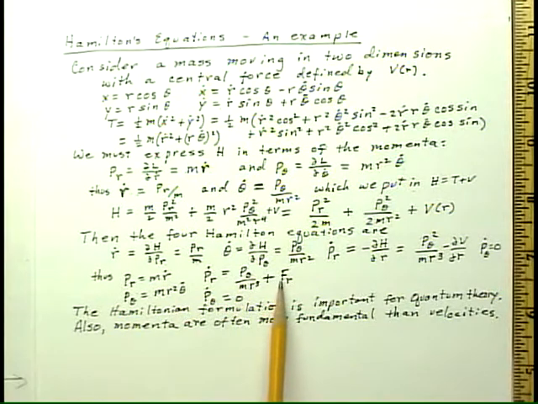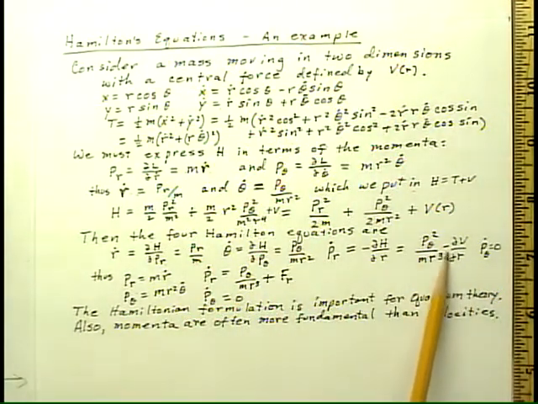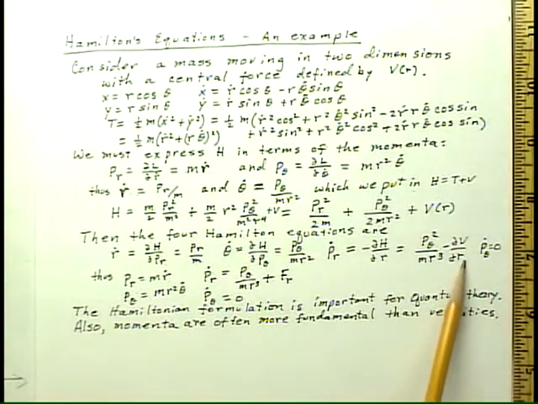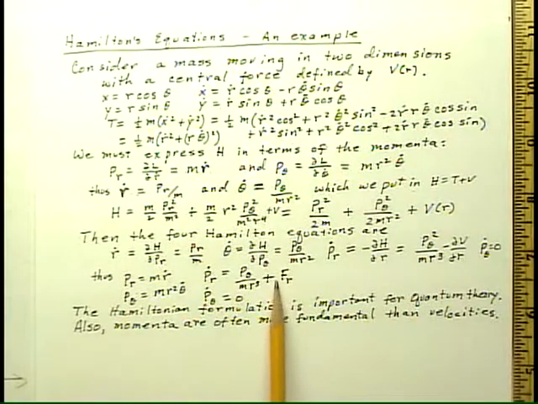One is the force radially, that comes from the negative of the derivative of v with respect to r, so we have defined that as the radial force, and another term here, which basically comes from a centripetal type of force, p theta squared over m r cubed.